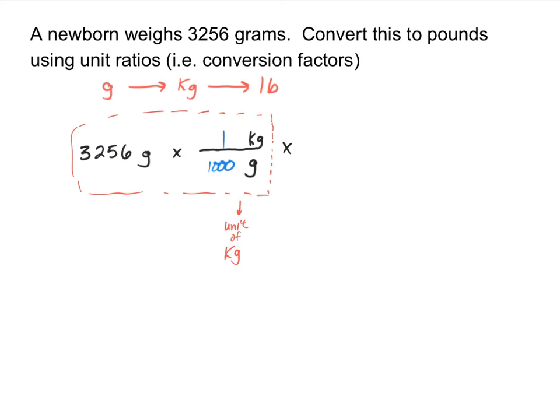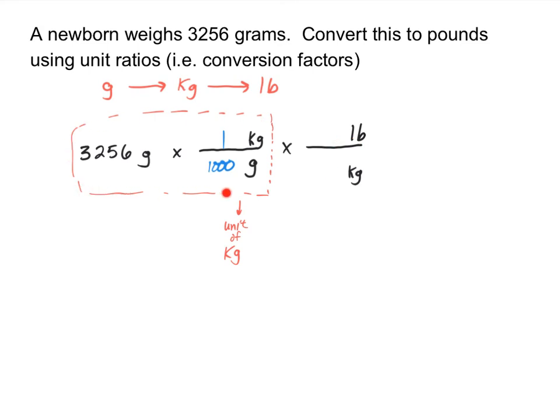But what I want to do is get into pounds. So if I take this whole thing and multiply it by another unit ratio, where I have kilograms in the denominator and pounds in the numerator, this unit ratio is telling me the number of pounds per kilogram.